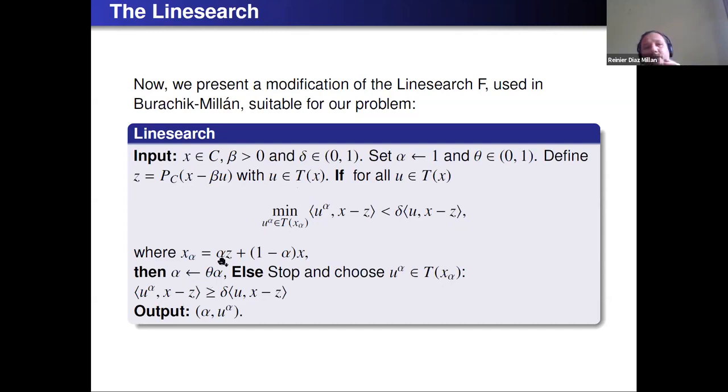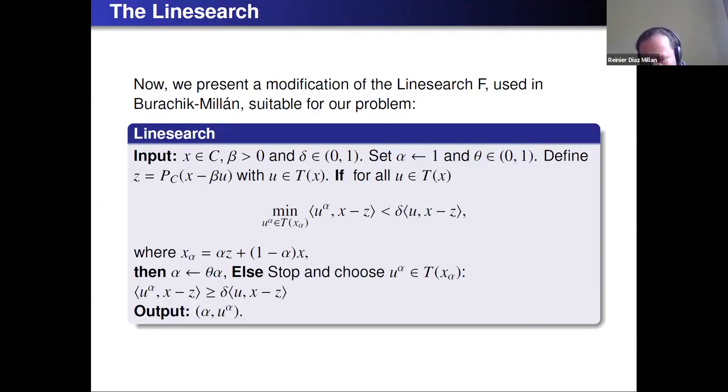But the change we need to make here is that this must happen for all u in T of x. Then we need that this inequality holds for any u in T of x here and for all u alpha in T of x alpha, okay? That means, before, it is the same as saying that for all elements of T of x alpha, this happens. Why do we need to make this modification?